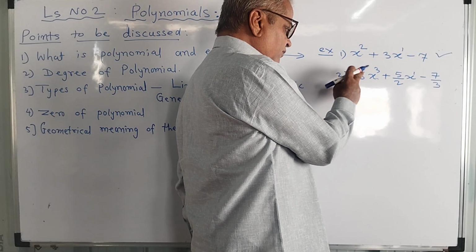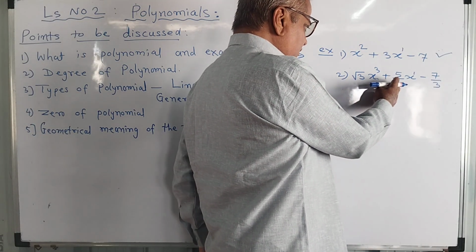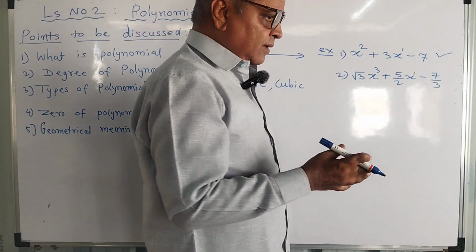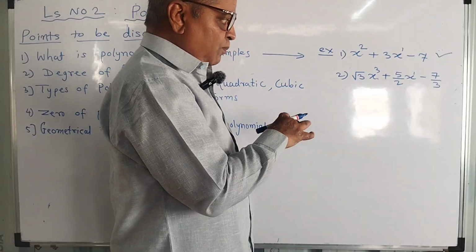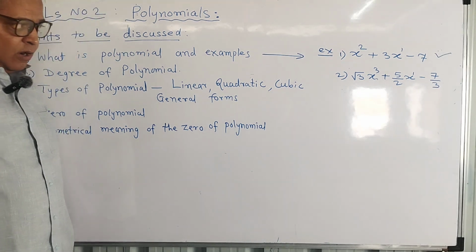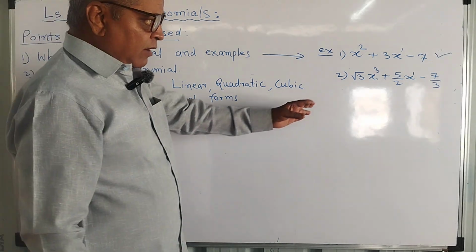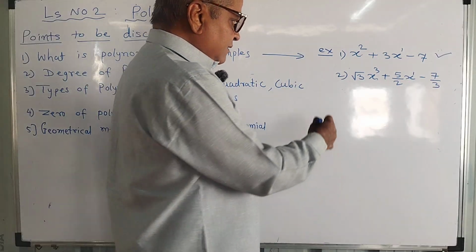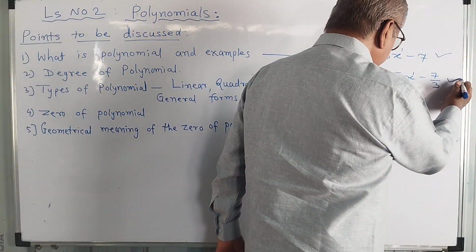No, it is not a whole number. Coefficient 5 upon 2 आहे. It is not a whole number, but the condition is related to the power of the variable, and the power of the variable must be a whole number. Here the power of the variable is 3, 1 and 0, that's why it is also a polynomial.